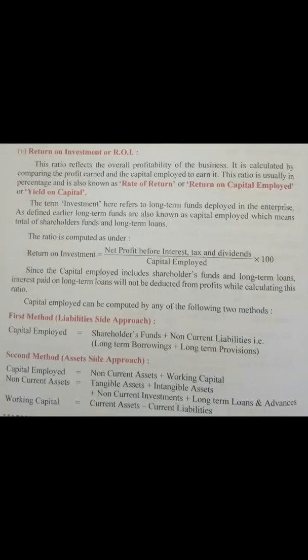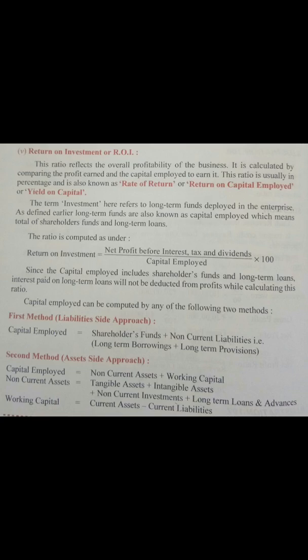The fifth and the last ratio under the category of profitability ratio is return on investment. This ratio reflects the overall profitability of the business. This ratio is usually expressed in percentage form, and it is also known as rate of return, return on capital employed, or we may say yield on capital.